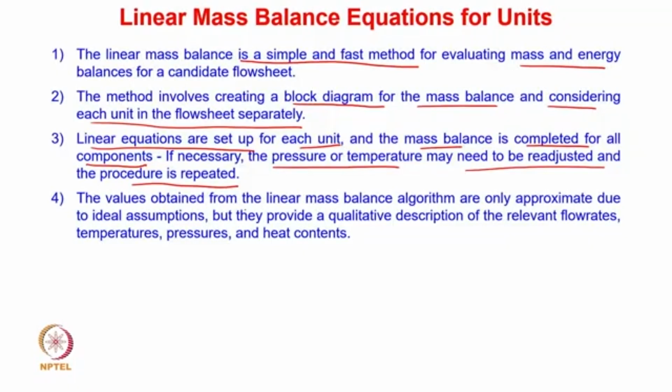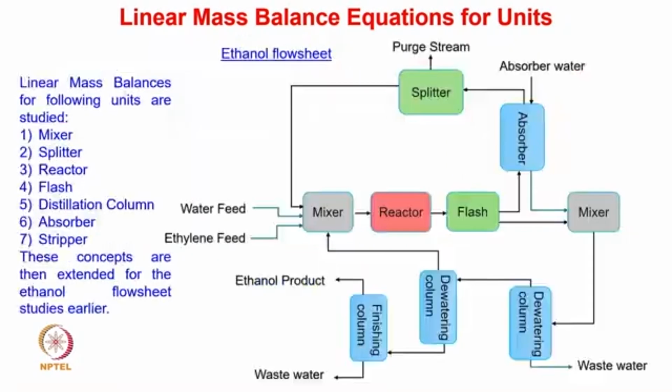The values obtained from the linear mass balance algorithm are only approximate due to ideal assumptions, but they provide a qualitative description of the relevant flow rates, temperatures, pressures and heat content. As I said, this entire methodology is easy to solve, but it gives only the approximate solution, and that is good enough to evaluate the candidate flow sheet.